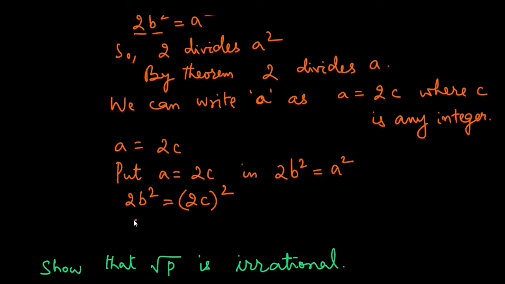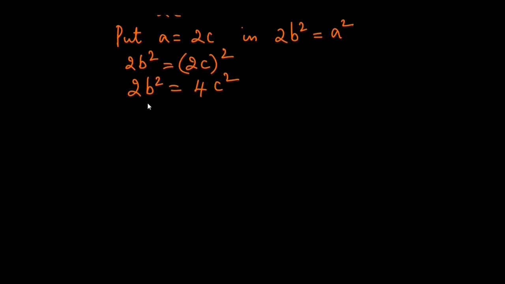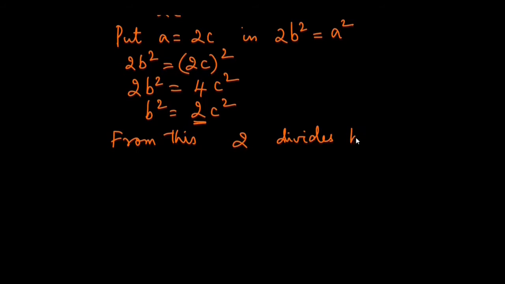This becomes 2b square is equal to 4c square. So b square is equal to 2c square. That means 2 is a factor of b square. From this, 2 divides b square. By theorem, 2 divides b.